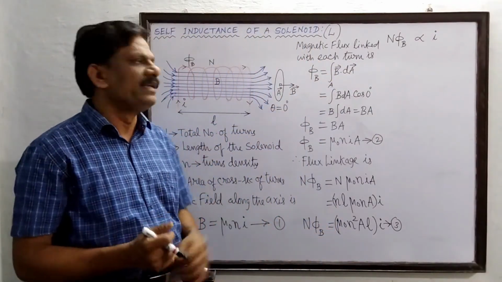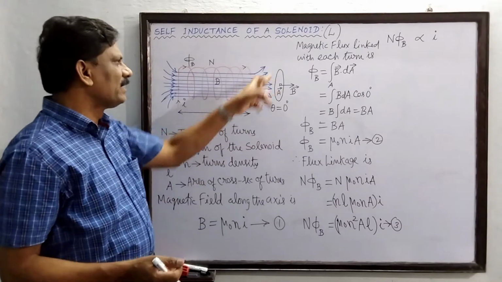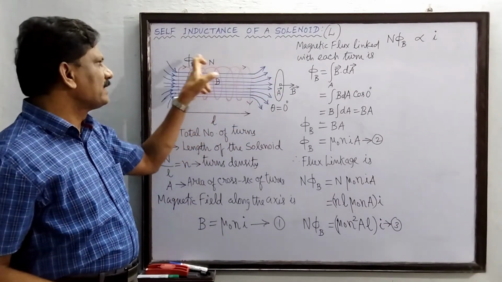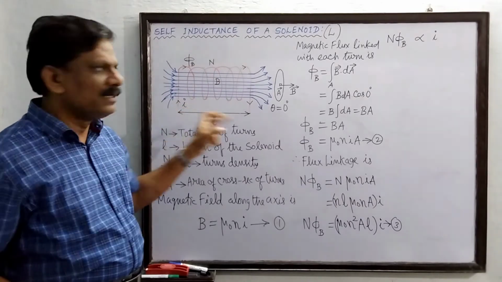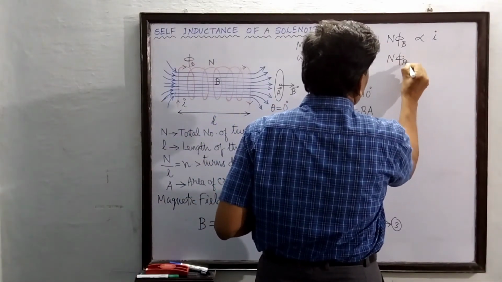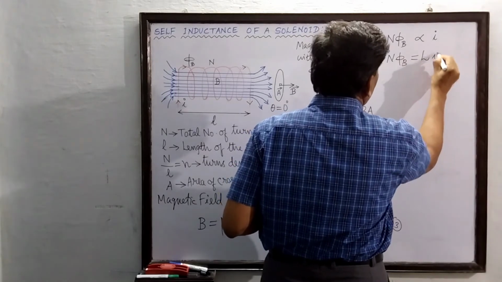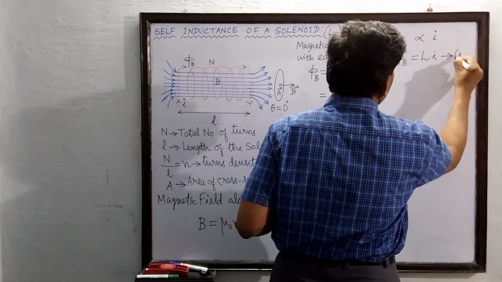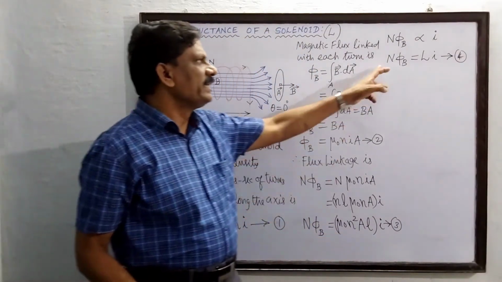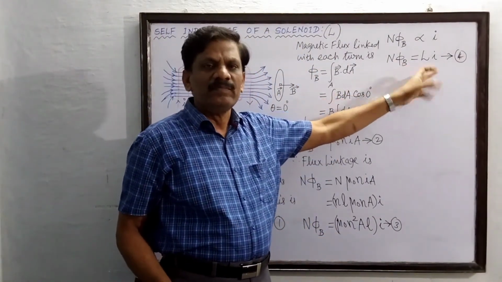How much flux is linked? You see the flux is linked here because of the current flowing through the coil. So the flux linkage depends on the current I, or N into phi B is equal to a constant L into I. This is equation number 4. So the flux linkage also is equal to L into I.